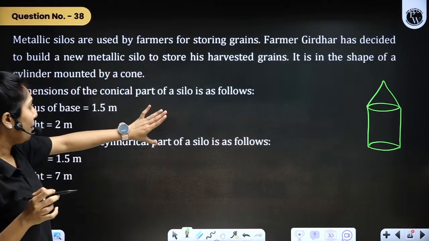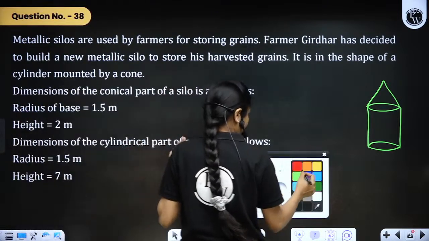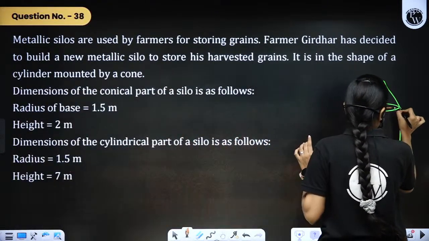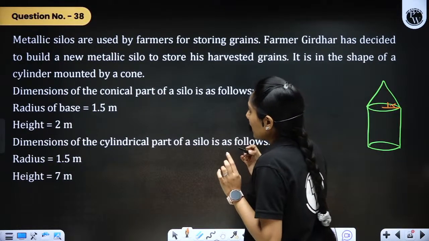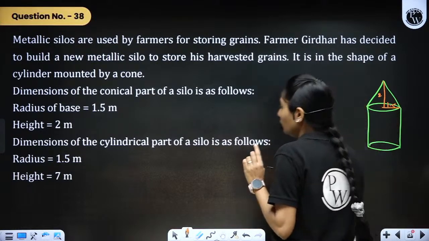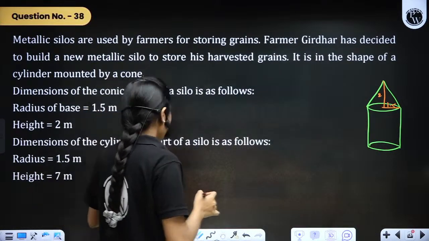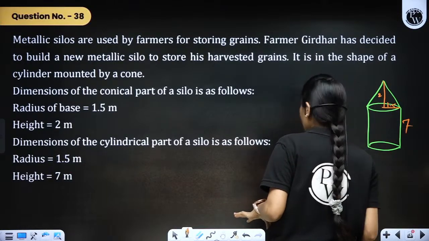Dimensions of the conical part: radius is 1.5, height is 2. For the cylinder, radius is the same, height is 7.